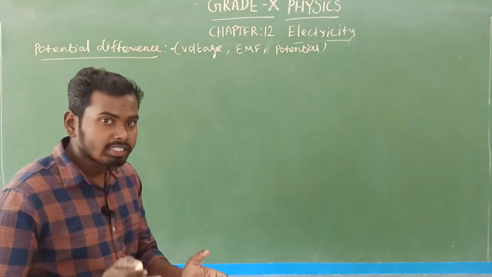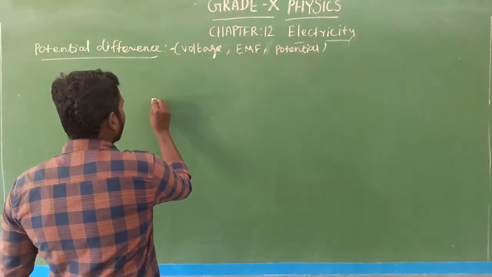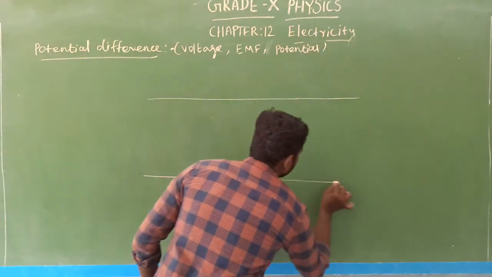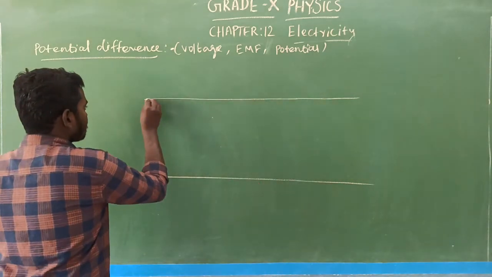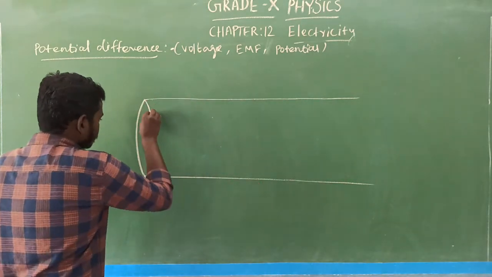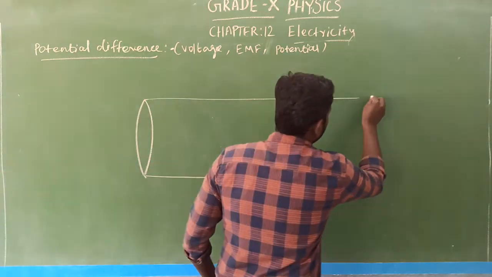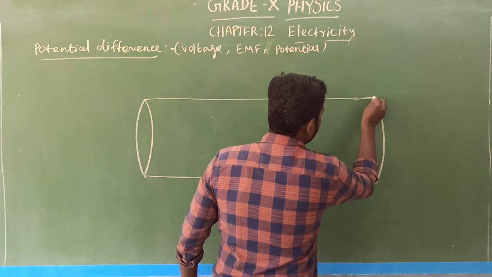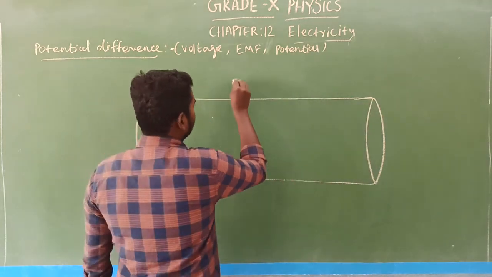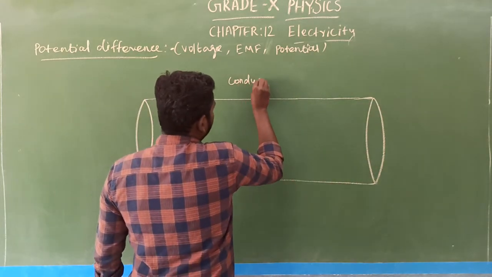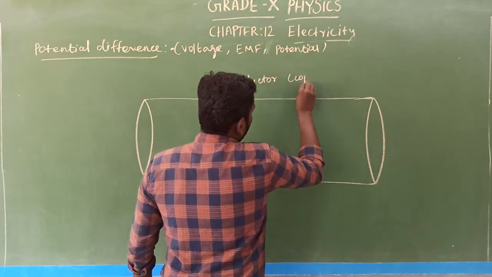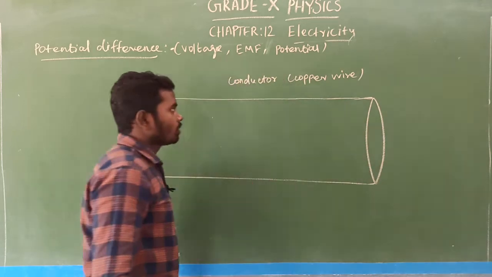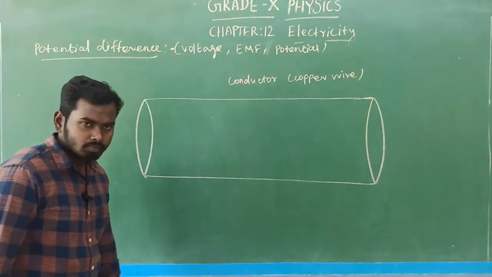Next we will see what potential difference is. Again consider a conductor, like a copper wire.